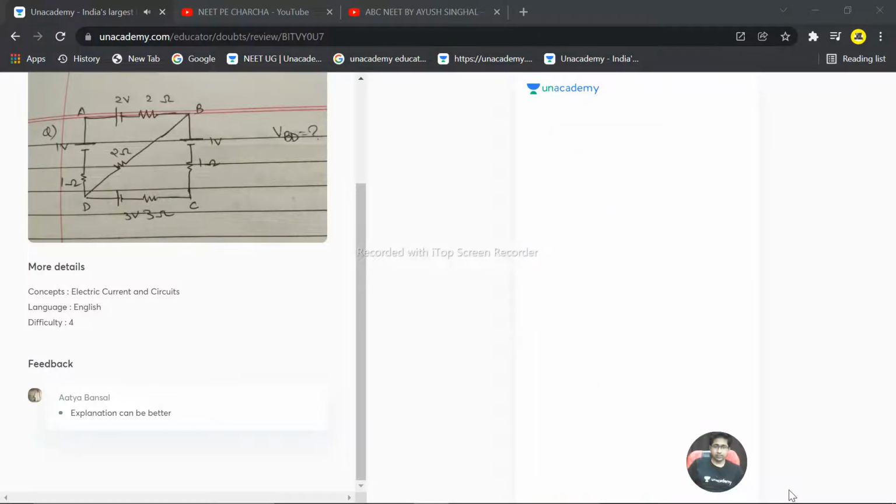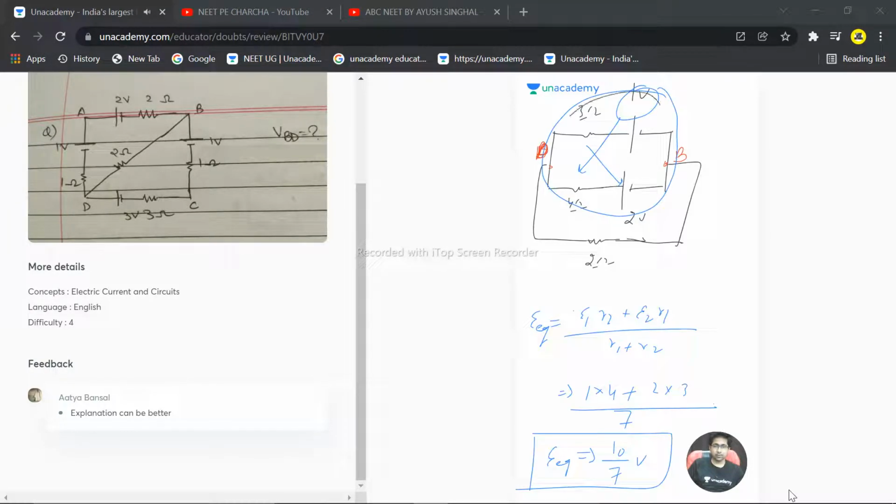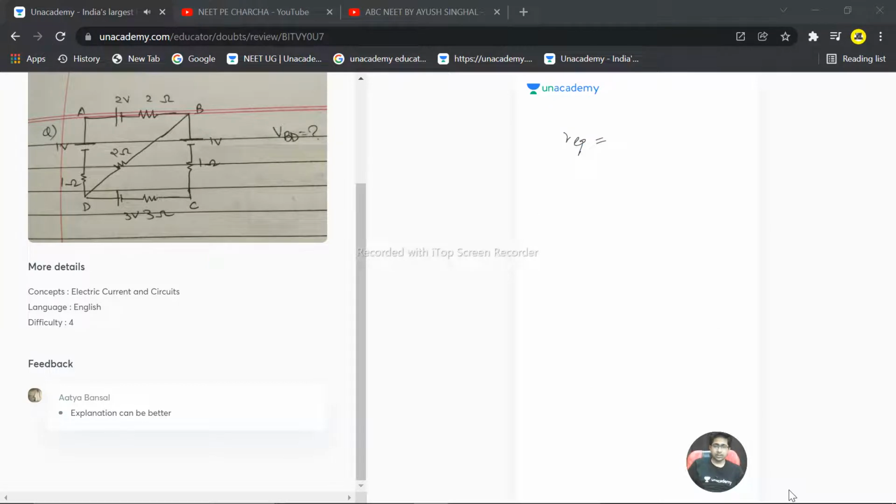And what is small r equivalent? This is the r equivalent of this circuit only. So that becomes 3 times 4 by 3 plus 4, 7, so 12 by 7 ohm.